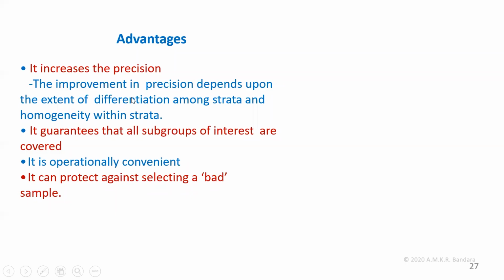So if another variable is affecting our variable of interest, then stratified random sampling increases the precision. Also, this sampling procedure will guarantee that all the subgroups in the population will be investigated, covered. It is operationally convenient. It can protect against selecting a bad sample, as I explained earlier.